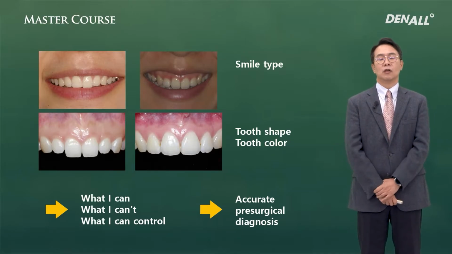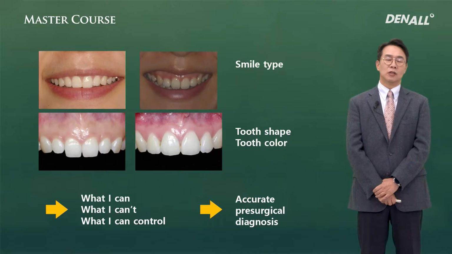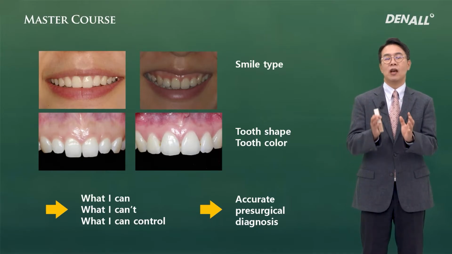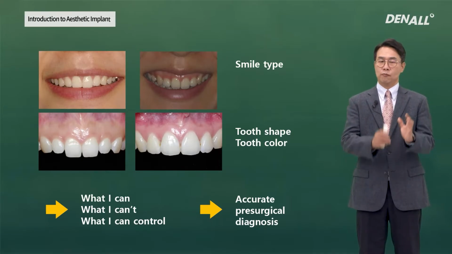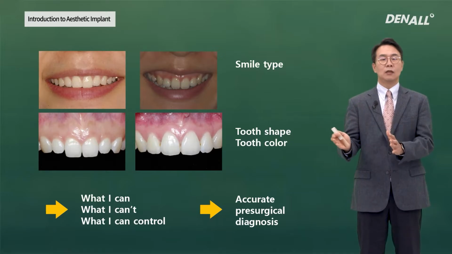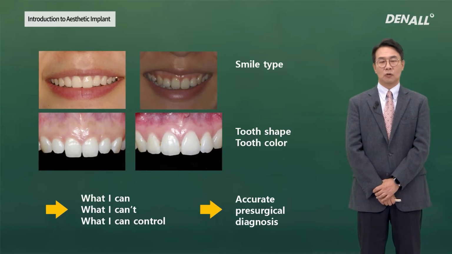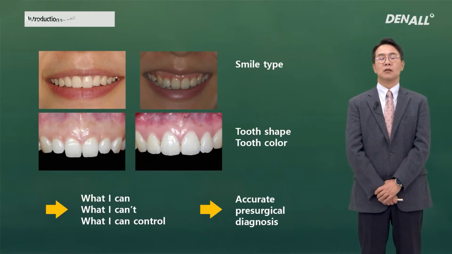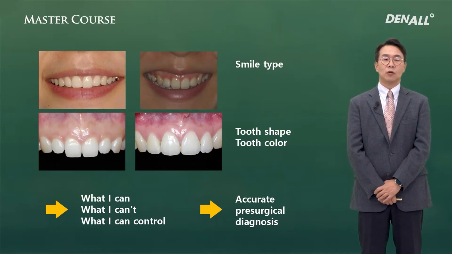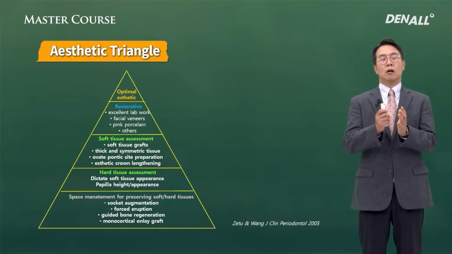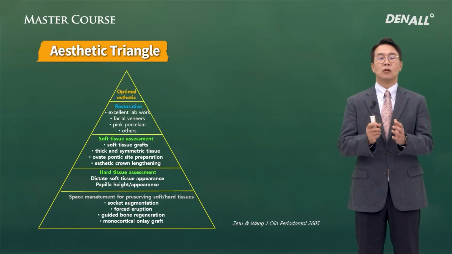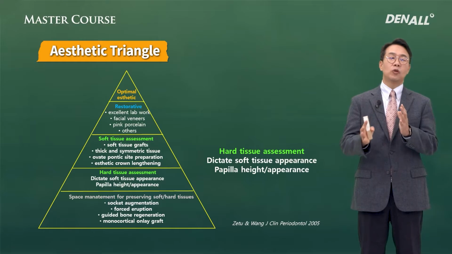There is a difference in terms of recovery of interdental papilla based on the shape. We also need to discuss it with the patient about the future treatment other than implants that may be required. So we need to consider those for diagnosis. Aesthetic triangle.